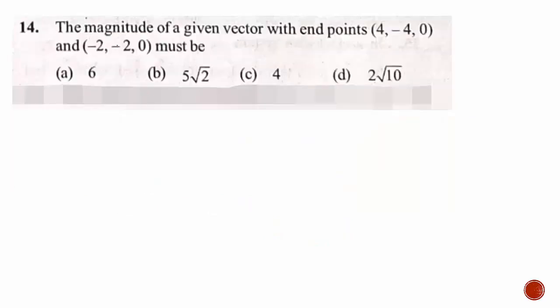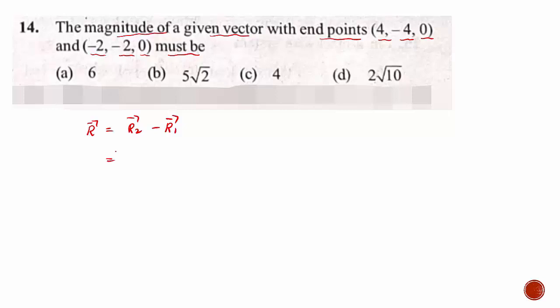14th question. The magnitude of the given vector with endpoints 4, -4, 0 and -2, -2, 0 must be. The magnitude of the given vector with endpoints is given. Generally, we can take the equation vector R. Vector R means vector R2 minus vector R1.